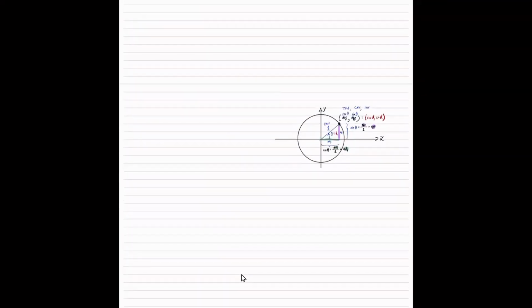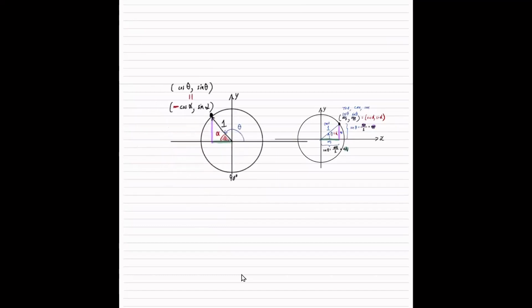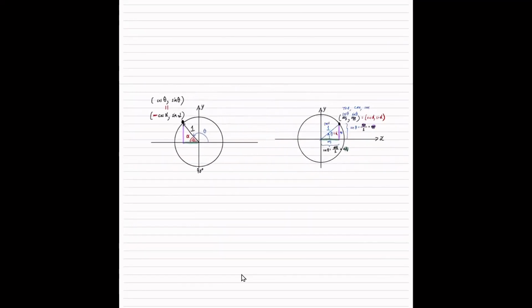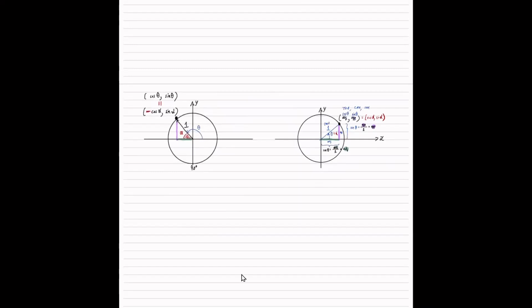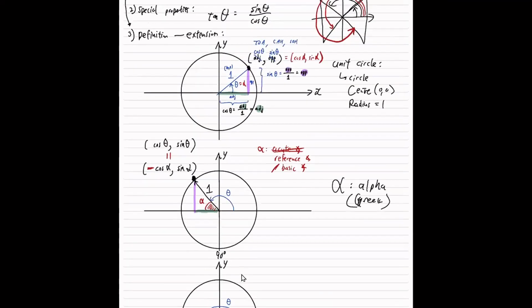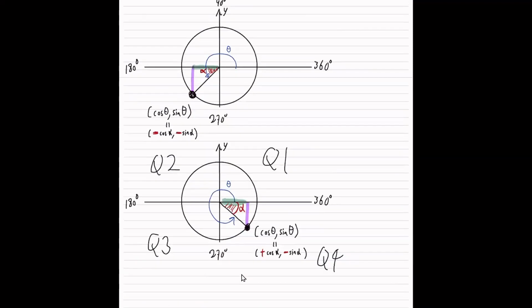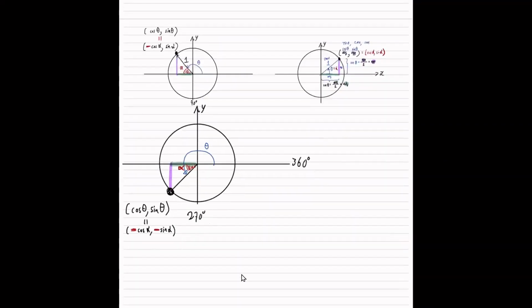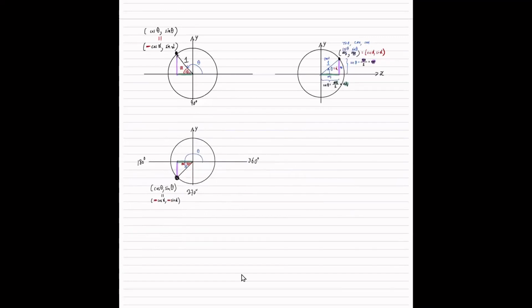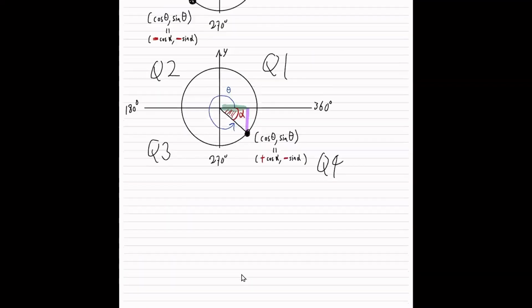Let me try and combine them all into one page so it's easier. Okay, and then the third one. Roughly like this, I guess. And then the fourth one, wait.